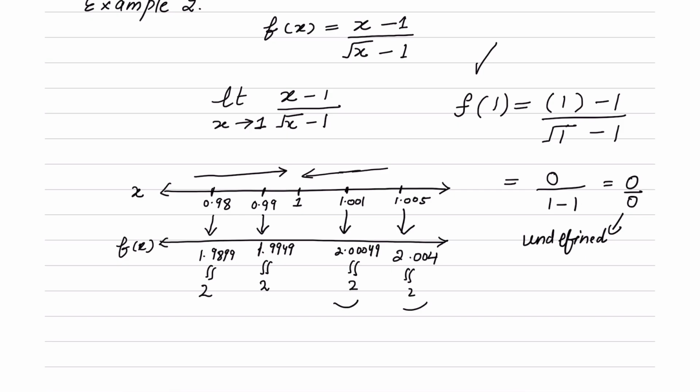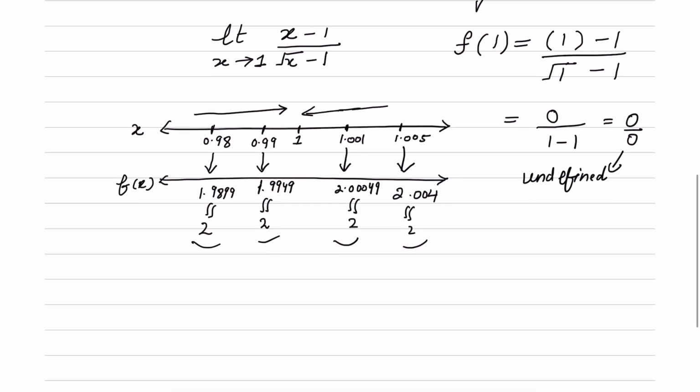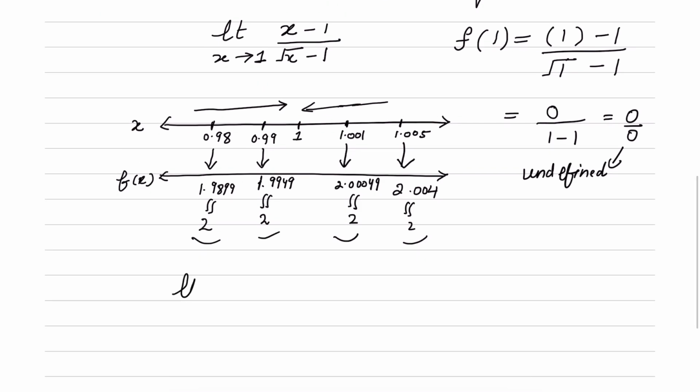Again, we can see that when x is approaching 1 on the left of 1, the function seems to be approaching 2. So we can write: the limit as x approaches 1 of (x − 1) over (√x − 1) seems to be approaching 2.